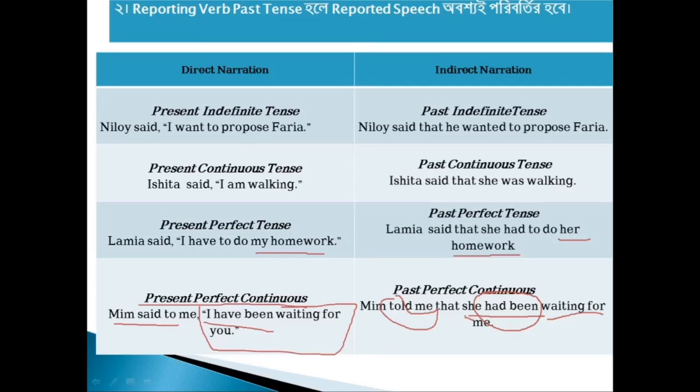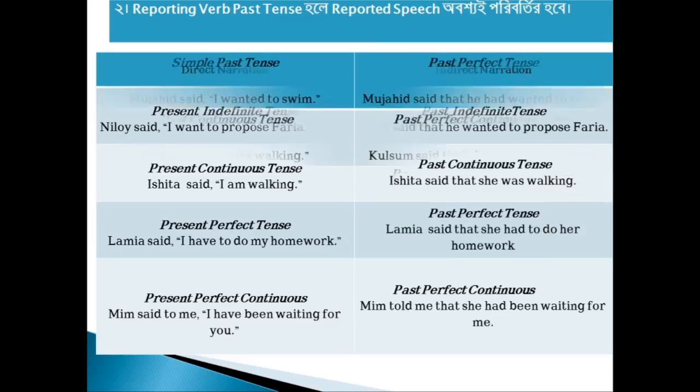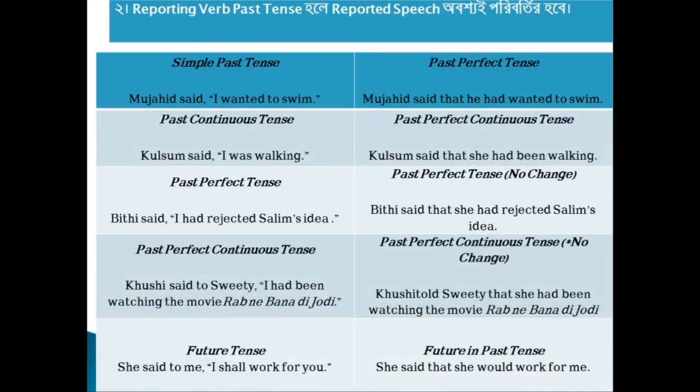Then if direct speech is in simple past tense, it will be past perfect tense in indirect speech, and if it is past continuous, it will be past perfect continuous.